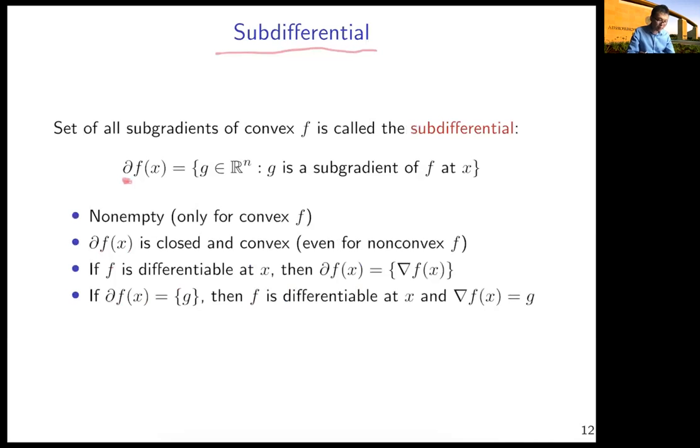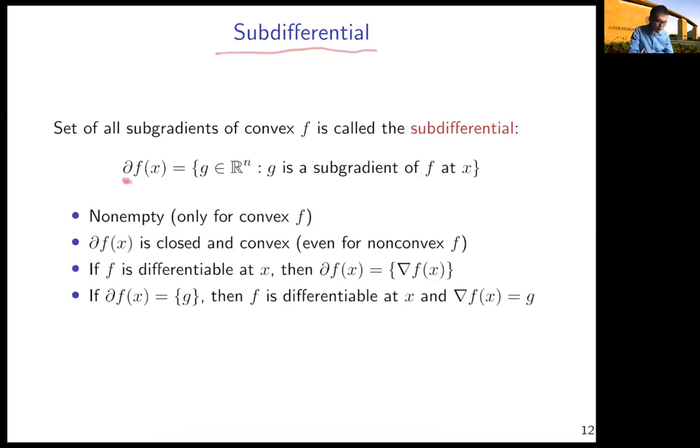Okay, so it can be shown from the existence of subgradients that this is non-empty, provided that the function f is convex, and we can also see that the subdifferential is a convex and closed set. And this is true even for non-convex functions, provided that they exist, then they are closed and convex.